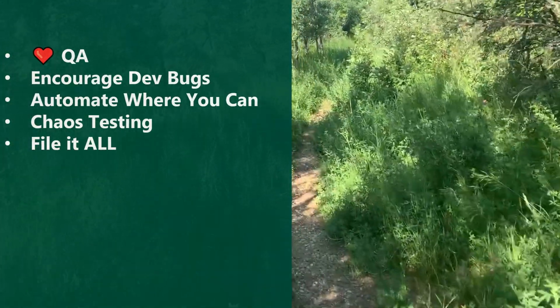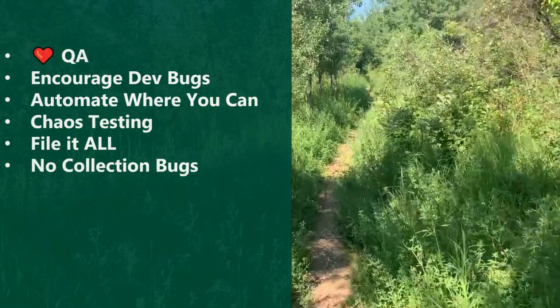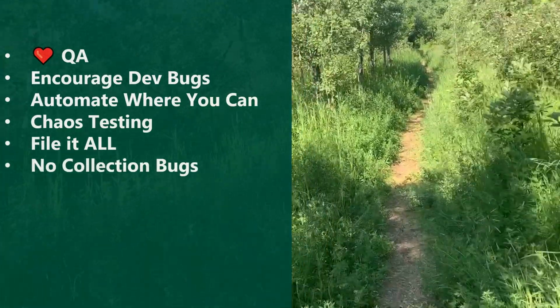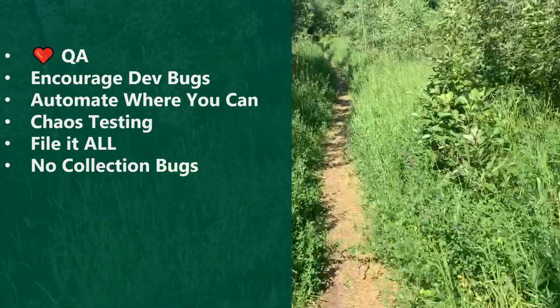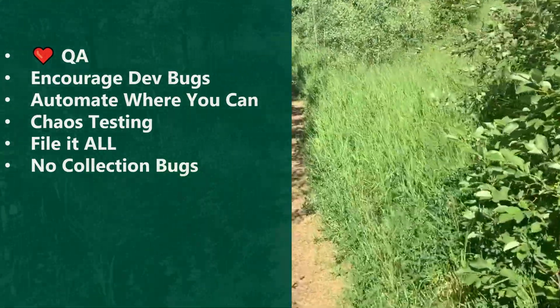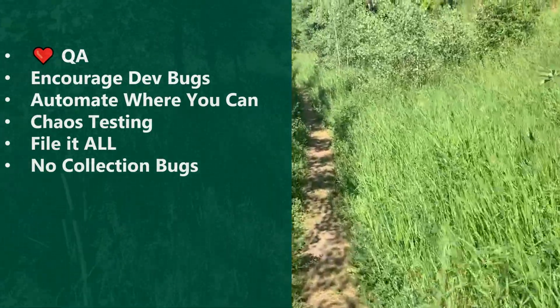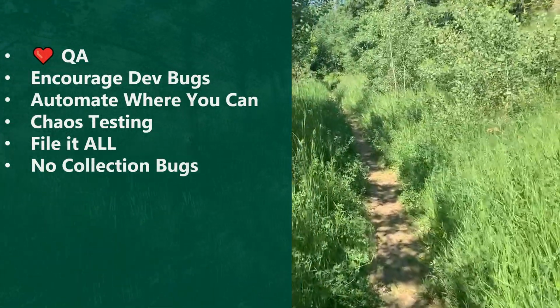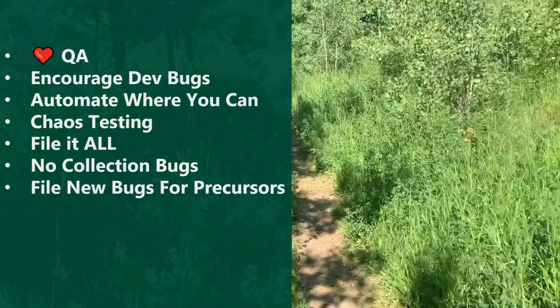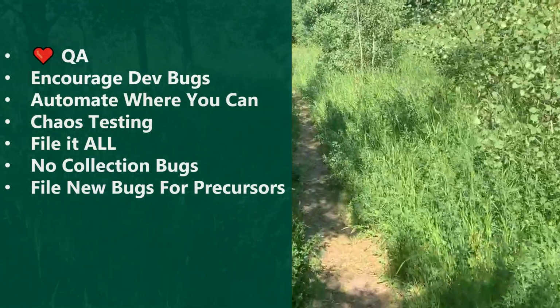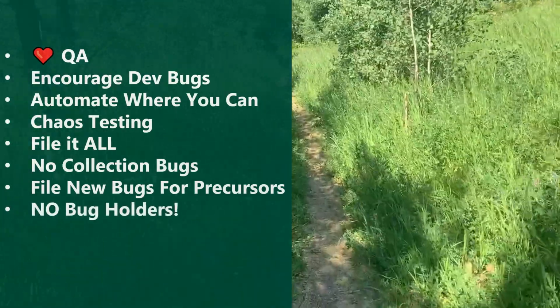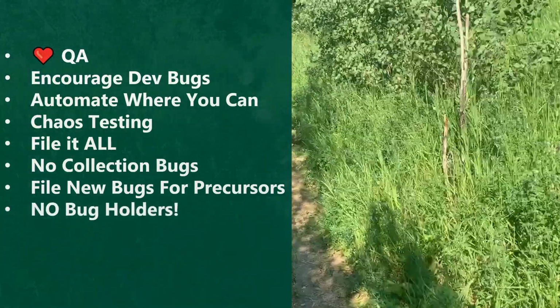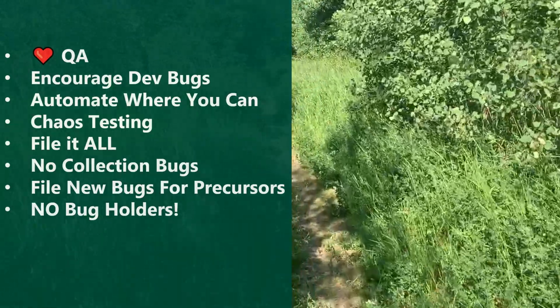Be wary of collection bugs because they can cause very complicated workflows. Instead, consider filing one bug per fault. When you run into bugs that have precursor bugs, in most cases, the best thing to do is to file a new bug for the precursor bug and to keep the original bug where it was. Don't use imaginary people in your bug software to hide bugs from the rest of the project.